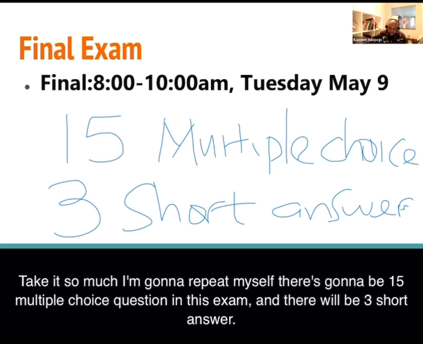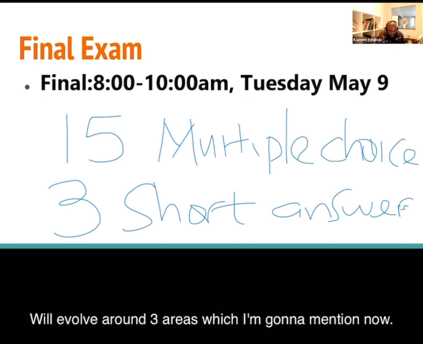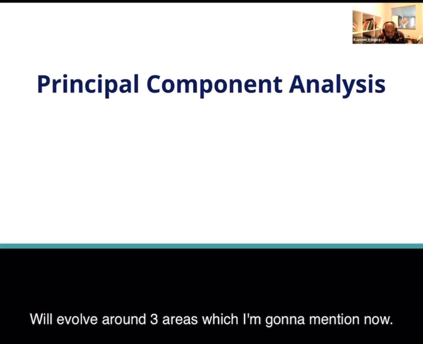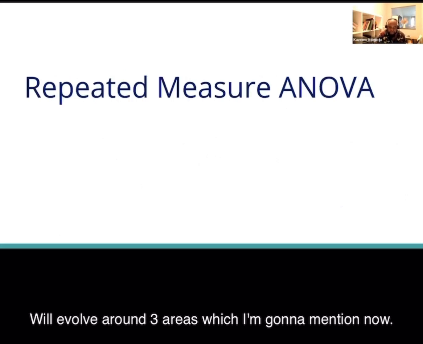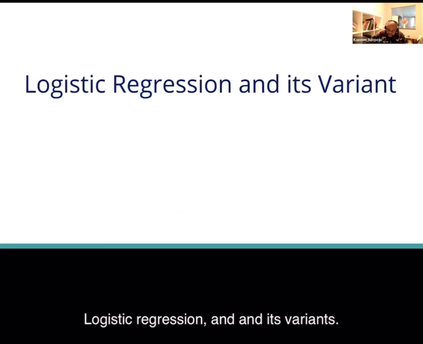I'm going to repeat myself. There's going to be 15 multiple choice questions in this exam, and there will be 3 short answer. All the questions in this exam will revolve around 3 areas, which I'm going to mention now. Principal component analysis, repeated measure ANOVA, logistic regression, and its variants.